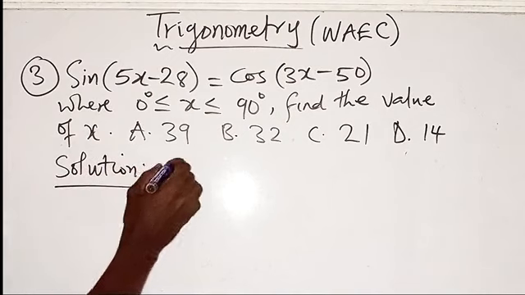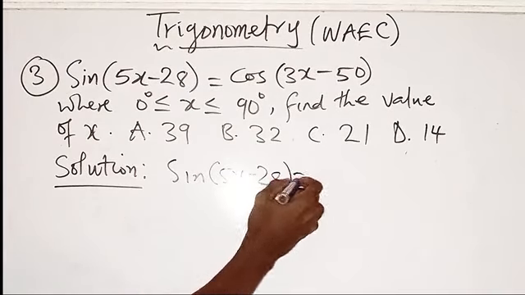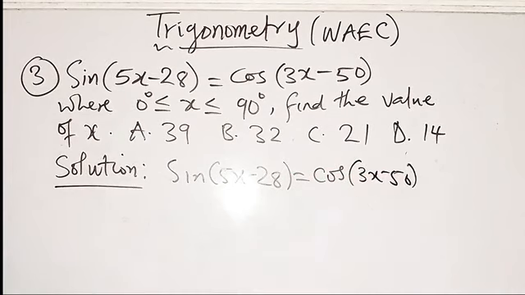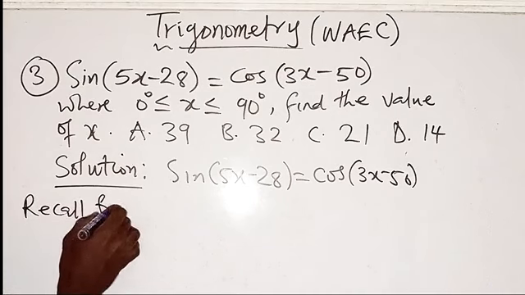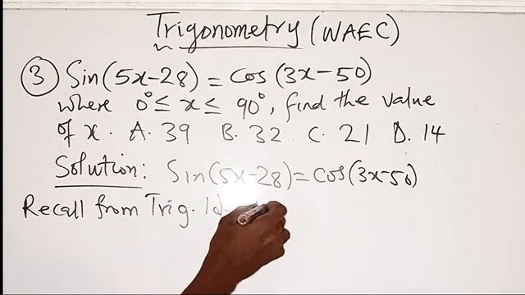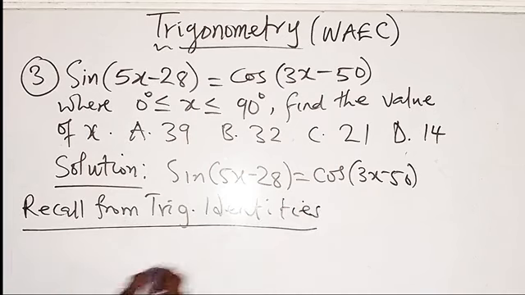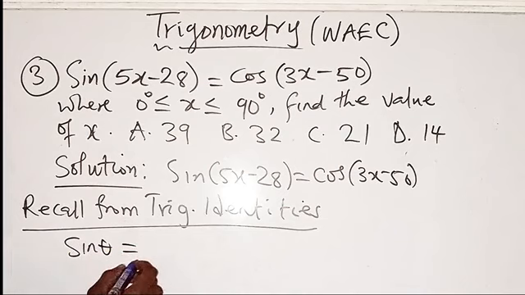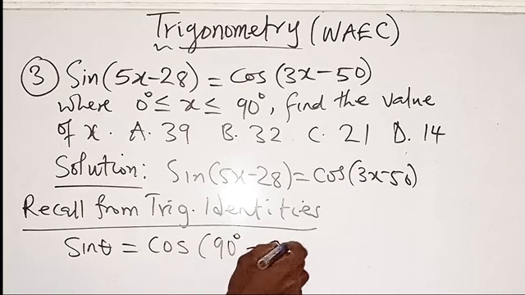Now we are given this. So now we should recall from trig identity under complementary angle that when you have sine theta, it will always be cos of 90 degrees minus theta.